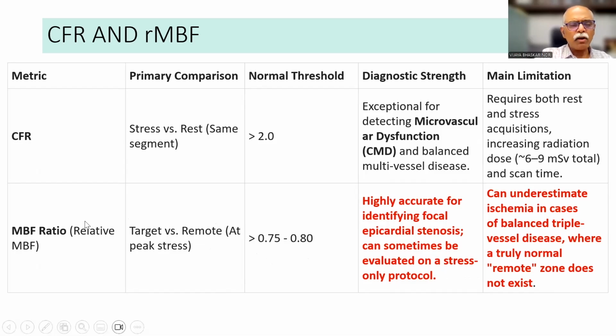And this relative myocardial blood flow ratio is highly accurate for identifying focal epicardial stenosis and is sometimes evaluated on a stress-only protocol. Now, this can underestimate ischemia in case of balanced triple vessel disease, where a truly normal remote zone does not exist. So that is why absolute myocardial blood flow values are, as of today, the mainstay in trying to diagnose hemodynamically significant stenosis.